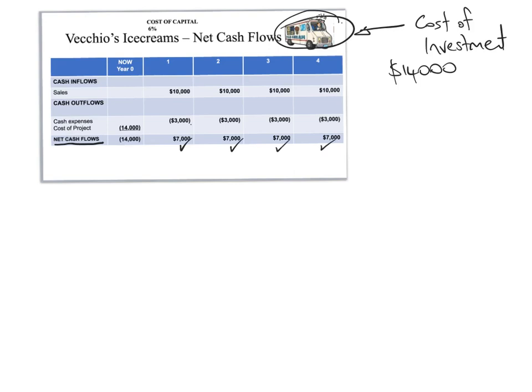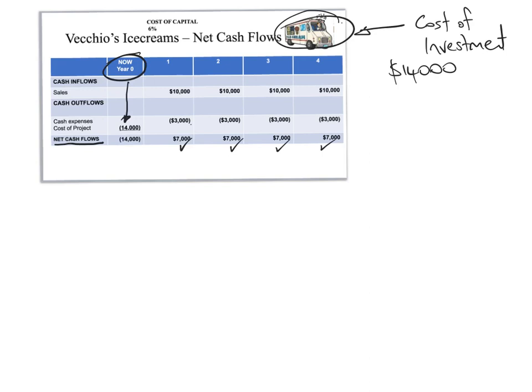Now, what happens when we evaluate capital projects is that now is termed to be year zero. So this is usually the time at which we purchase that asset. And then obviously any income that's generated in that first year is said to be year one's income, and so on.